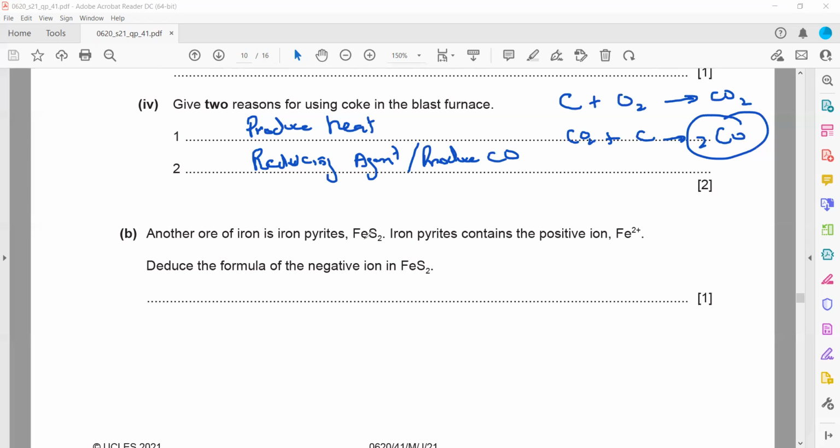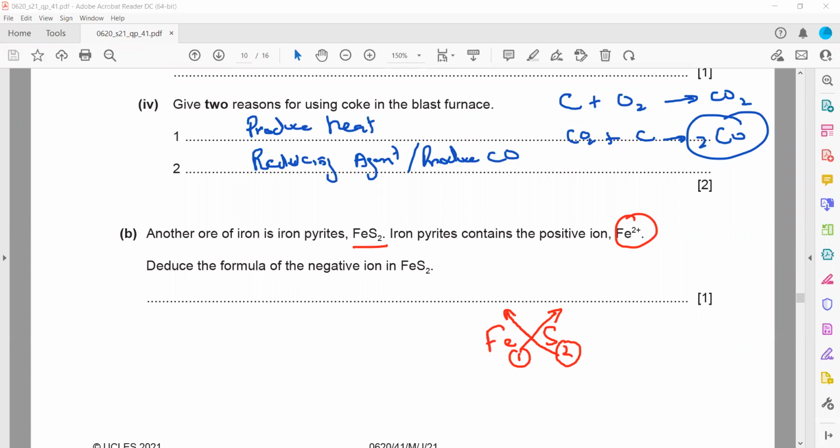Another ore of iron is iron pyrite, which is FeS2. Iron pyrite contains a positive iron ion. Deduce the formula of the negative ion. So look, we have FeS2. The number written here is the valency of iron, and the number written here is the valency of sulfur, or of the other element.